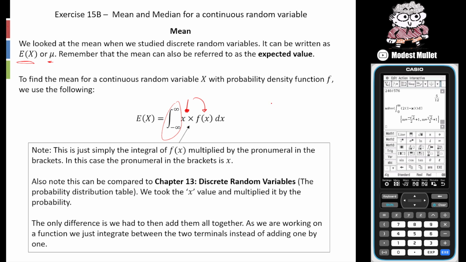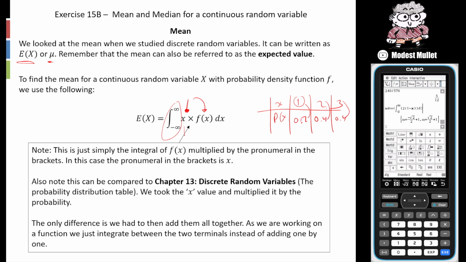Just as a reminder, when we had discrete random variables, we had our value of x and our p of x, and this might have been 1, 2, 3, 0.2, 0.4, 0.4, and we multiplied each x by its probability. We got all those together. That was our expected value.